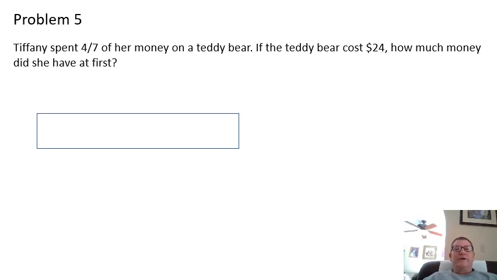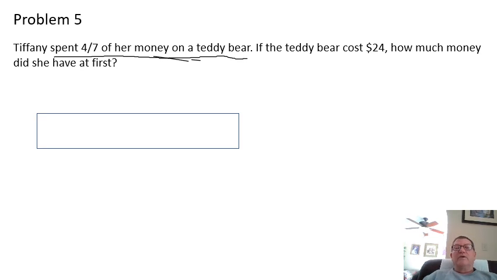Tiffany spent 4/7 of her money on a teddy bear. If the teddy bear cost $24, how much money did she have at first? Now this is another one. We've got to look at what's given to us. She said she spent 4/7 of her money on the teddy bear. If the teddy bear cost $24, how much did she have at first? Well, first let's split this up into sevenths. There's 1, 2, 3, 4, 5, 6, and 7.